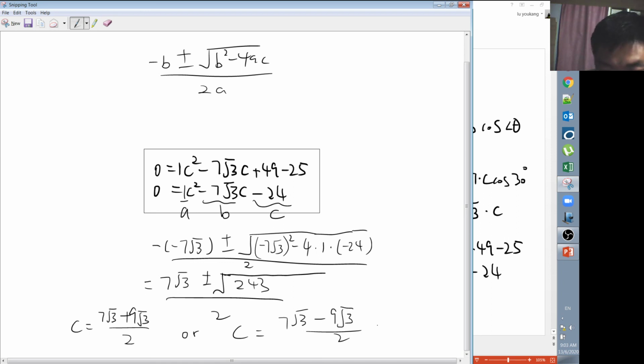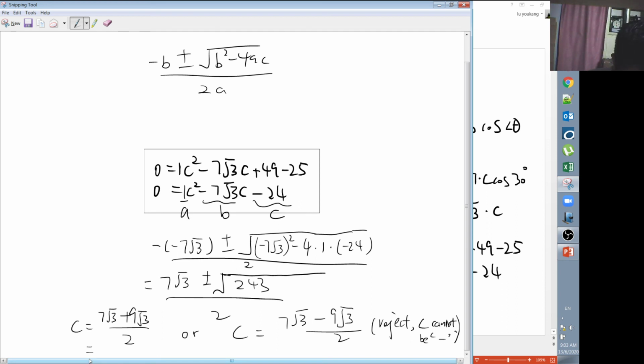By the way, you can straight away reject the negative answer because c cannot be negative. Because your c is one of the sides, right? So c cannot be negative because it's one of the sides. So your attention should be focused on the positive answer.